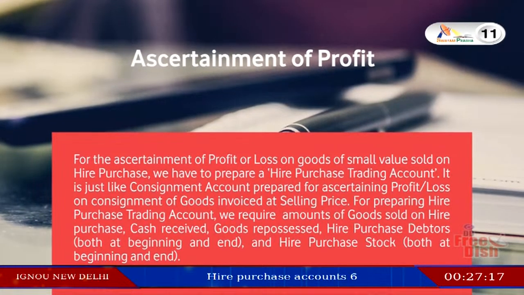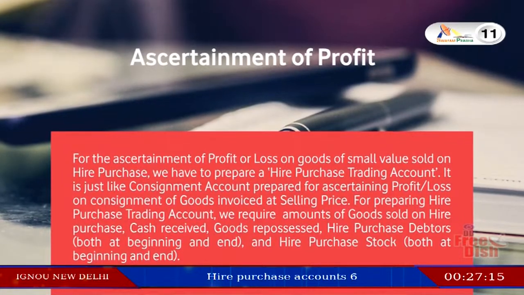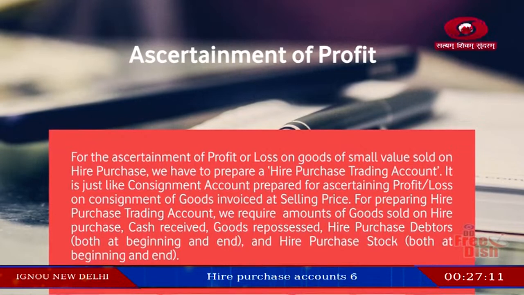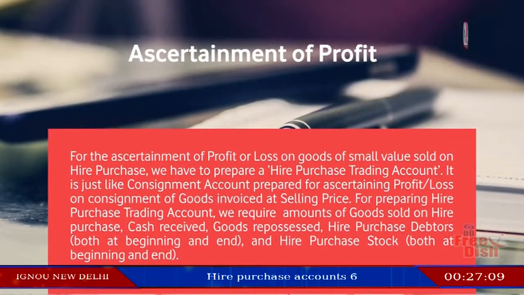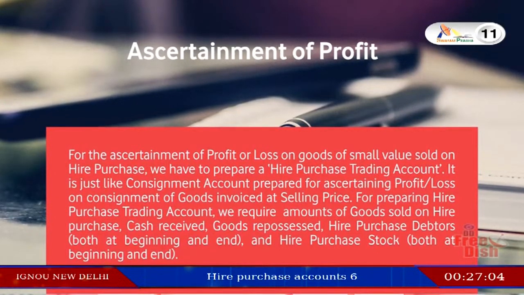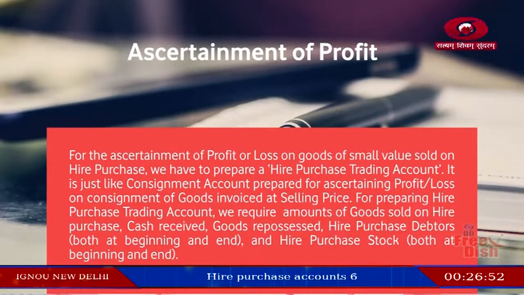For ascertainment of profit or loss on goods of small value sold on hire purchase, we have to prepare a hire purchase trading account. It is just like a consignment account prepared for ascertainment of profit or loss on consignment of goods invoiced at selling price.